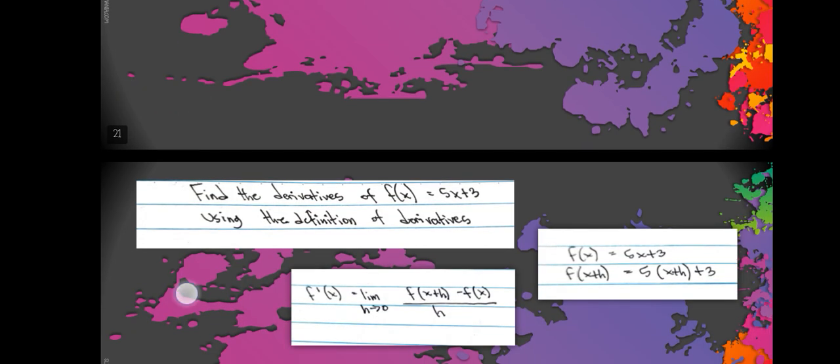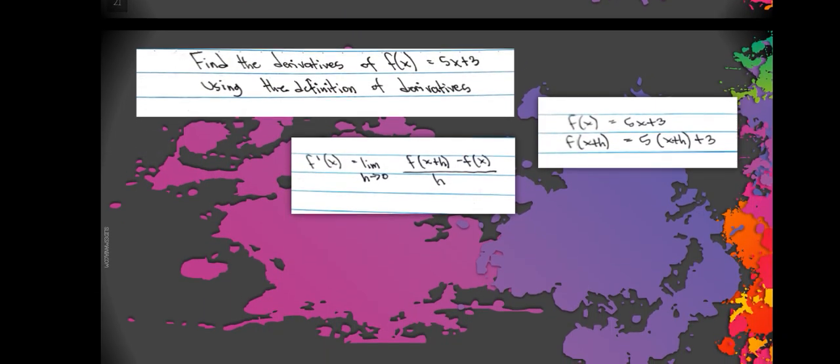So now, ang f of x plus h, ang ibig sabihin nito ay papalitan natin yung mga x variables ng x plus h. Kaya yung function natin na 5x plus 3, since ang x natin dito ay yung variable x, pwede natin siyang palitan ng x plus h.